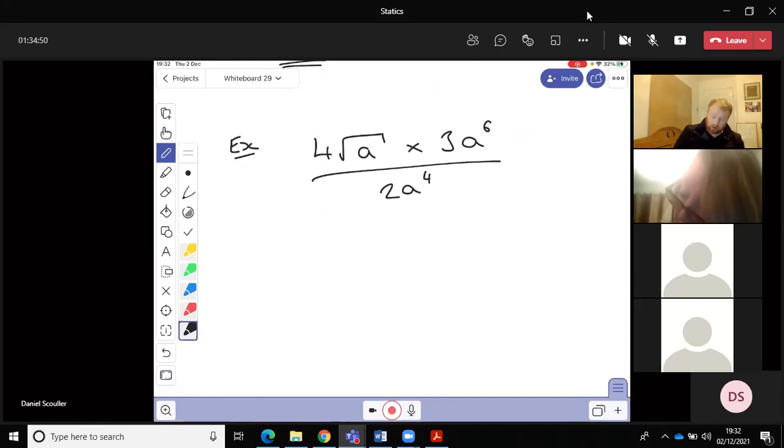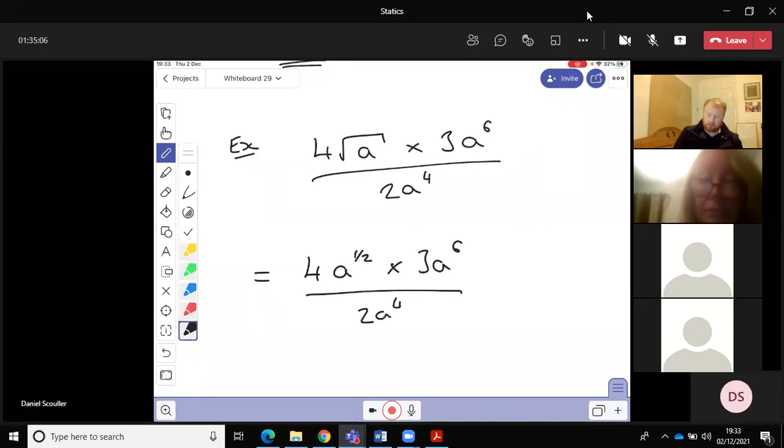Okay, so we've got the top line. So let's tidy up that top line first. So let's put that first term like that, over to 8. Okay, so we've done nothing to the bottom term yet. We're just starting to tidy up the top term.